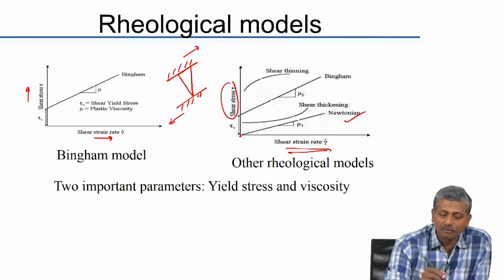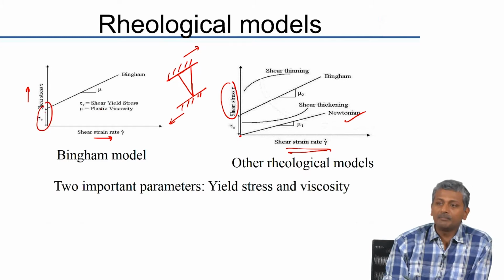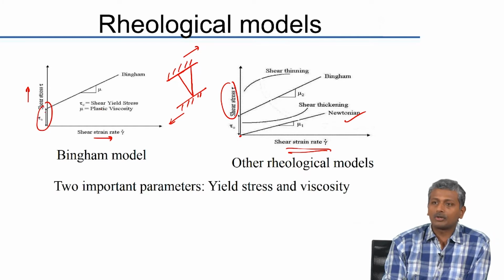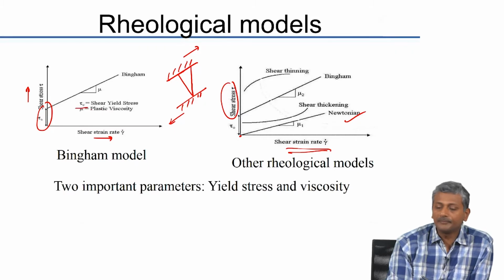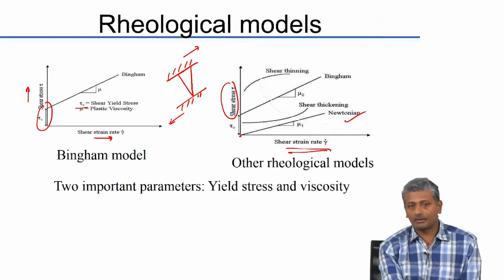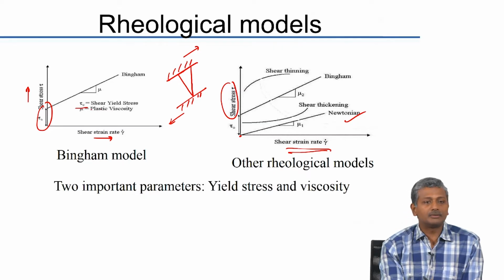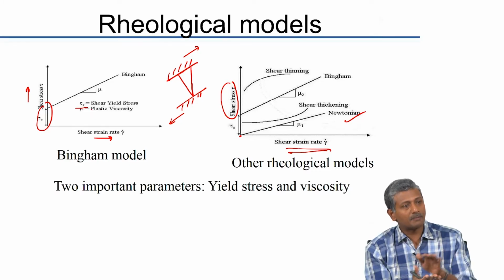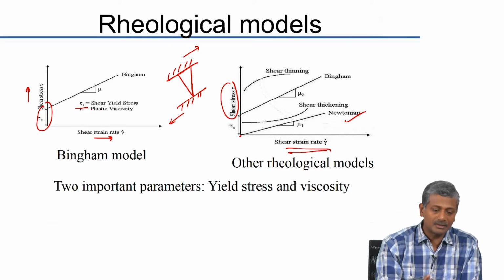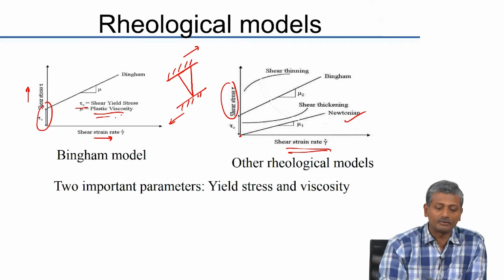In the case of a Bingham fluid, you need to overcome some minimum shear stress in order to initiate this flow, and that shear stress tau naught is called the shear yield stress. Okay. But what Bingham fluid's approximation tells you is that once the flow is initiated, the flow happens at a constant viscosity, and that is called the plastic viscosity.